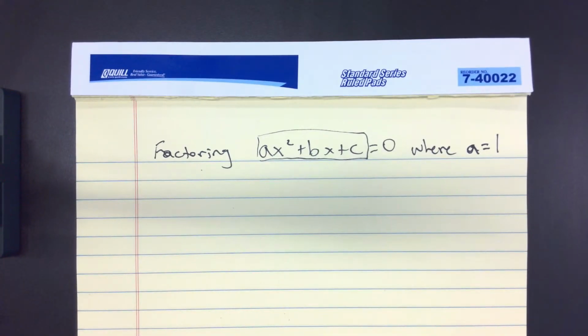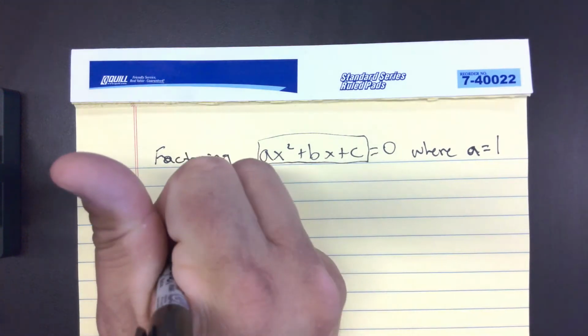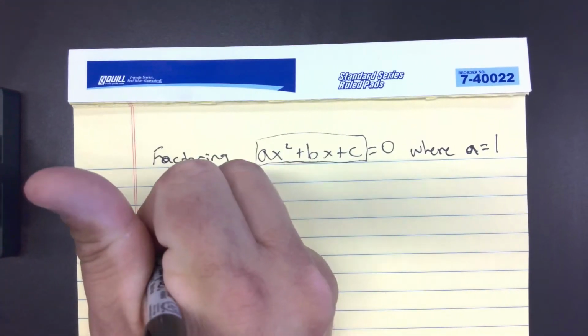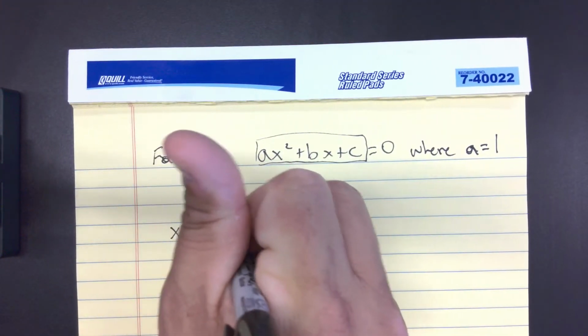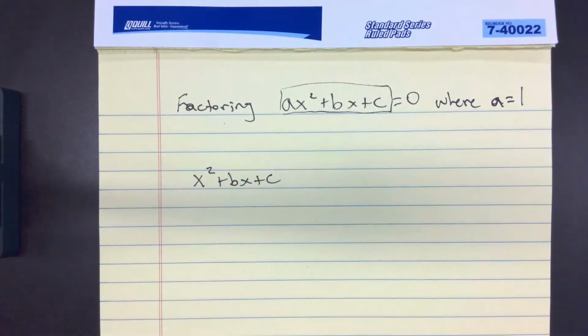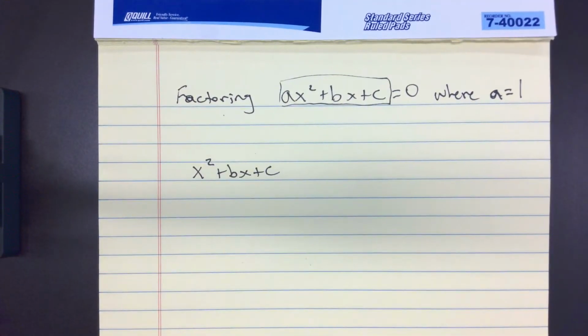Okay? All right, so if I have x squared plus bx plus c. Remember, I don't have to write a. Why would I not have to write a today? Because a is 1. If there's no a, that's as if a is 1.